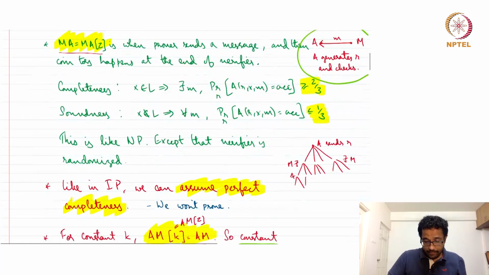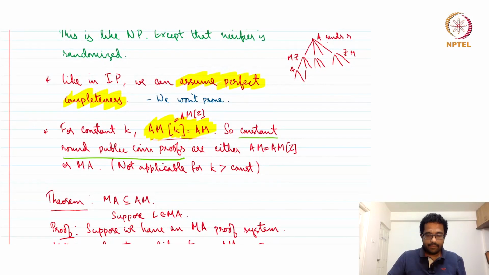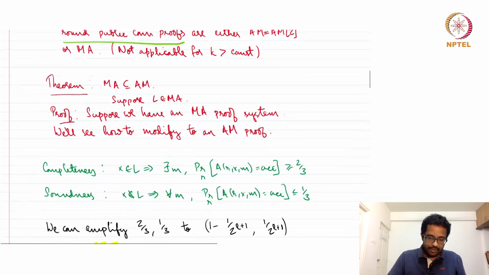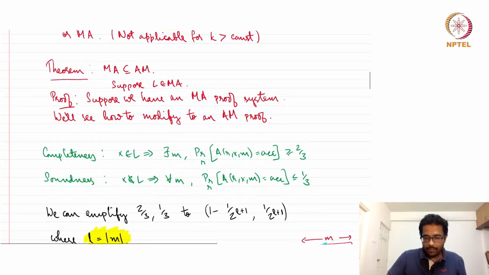We saw that when we have a constant number of rounds, k rounds, AM[k] is equal to AM. So the only public constant round public coin protocols correspond to AM or MA. When you have non-constant rounds, let's say n rounds or n squared rounds, it's different. We can do this replacing MA with AM only a constant number of times, not otherwise. Then we saw the proof that AM contains MA.